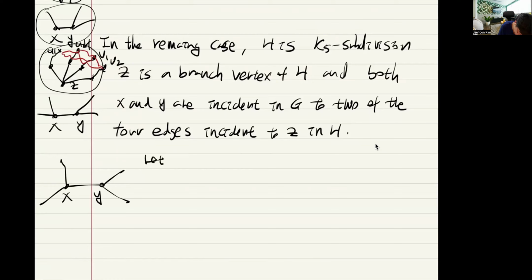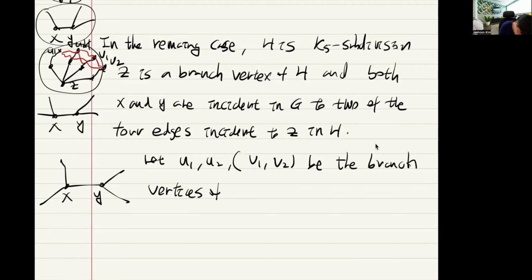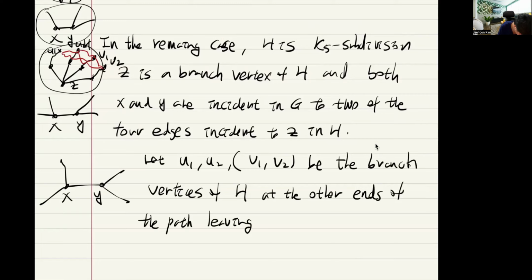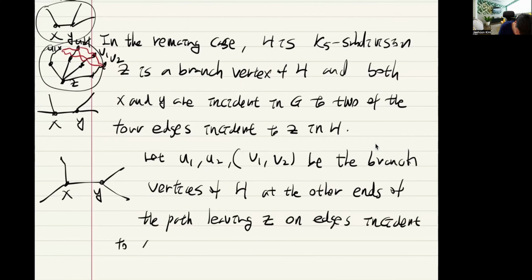So we let U1 and U2 and B1 and B2 be the branch vertices of H at the other ends of the paths which leave v, with edges incident to X, and those 2 are the ones you get from here and here.